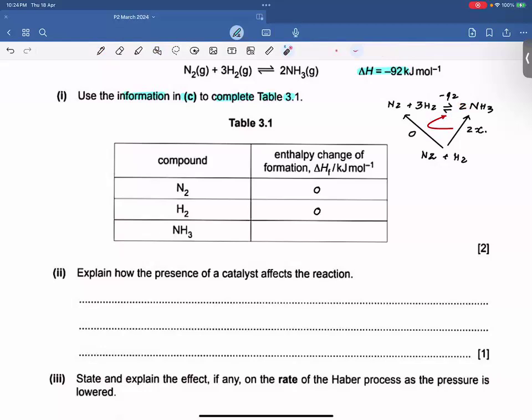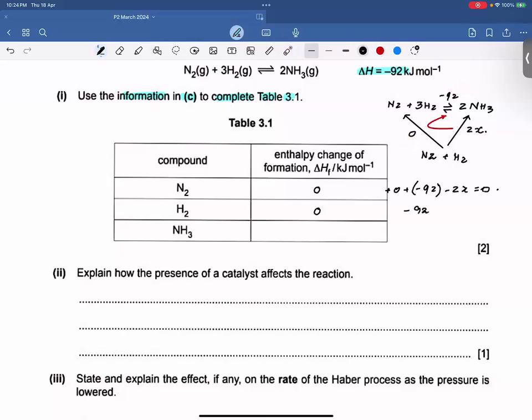So this value is going to be positive because it moves in a clockwise direction, and this value is going to be negative because it moves in an anti-clockwise direction according to my lecture. So take this value and this value positive, this value negative, equals to 0. Let me arrange it. Plus 0 plus minus 92 minus 2x equals to 0.